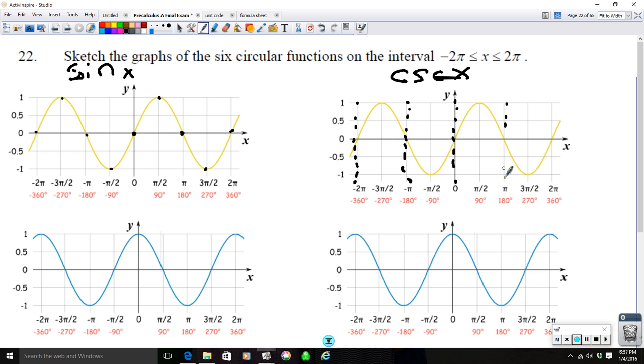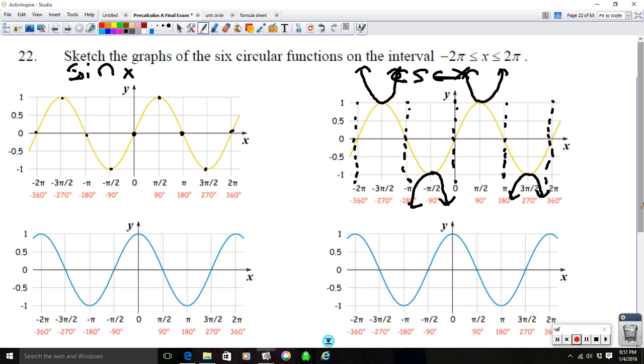And then where this max is, this is going to become the min for cosecant. Where the min is, it becomes the max, and that is going to be approaching these asymptotes. This max becomes the min again, approaching the asymptotes. And this becomes the minimum, and the minimum becomes the maximum of the cosecant. So this is what the cosecant looks like.